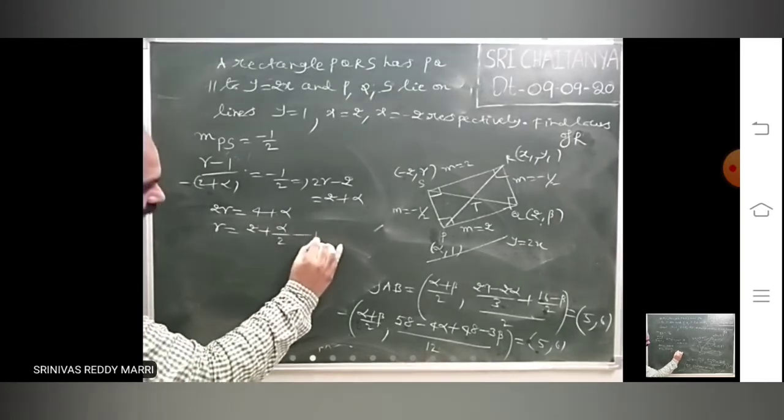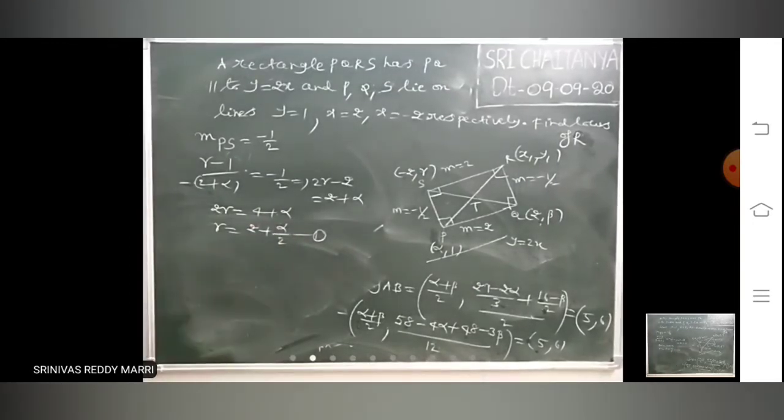So one condition I got is gamma equals to 2 plus alpha by 2. Let us say this is the first condition. Right? Slope of that I have written. Next I am writing slope of QR.